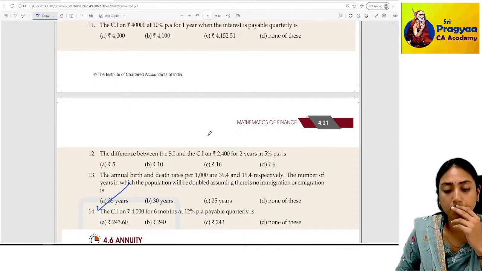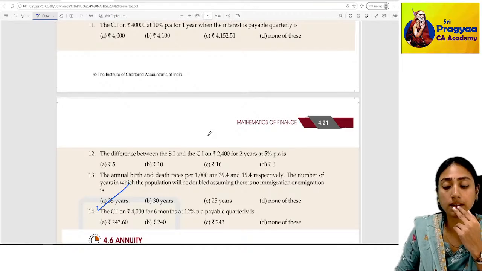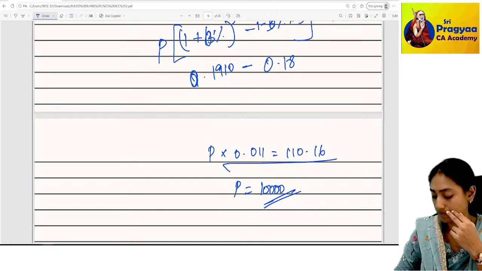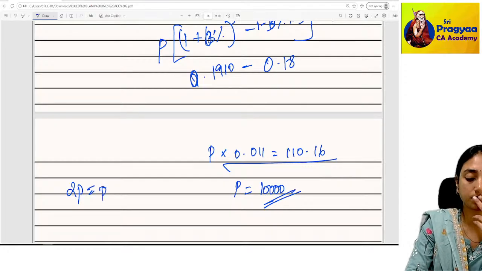The number of years in which the population will be doubled. Yes, it is only 2%. So 1.02. How did you do it? P is equal to P into 1.02. 2P is equal to P into 1.02.